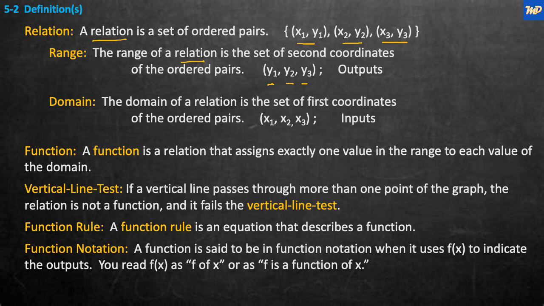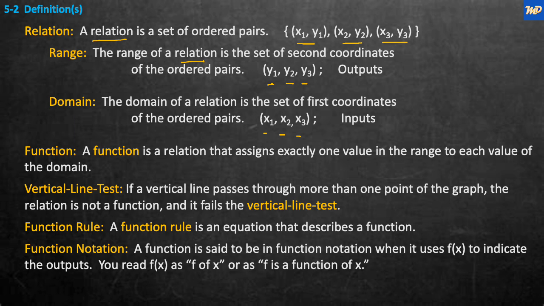The domain of a relation is the set of first coordinates of the ordered pairs. So that's the x values, x1, x2, and x3. Those we will also call the inputs to our relation or our function, whichever the relation happens to be.